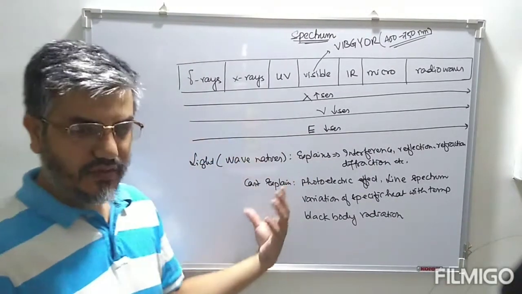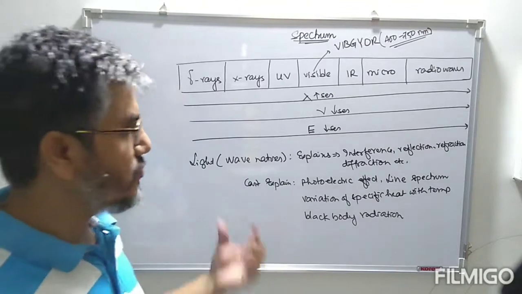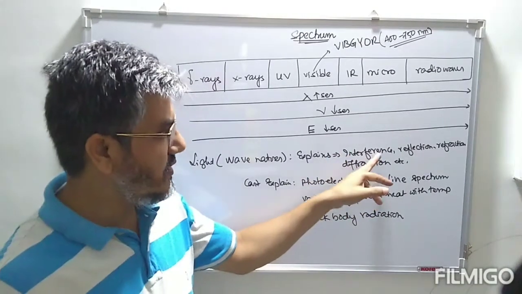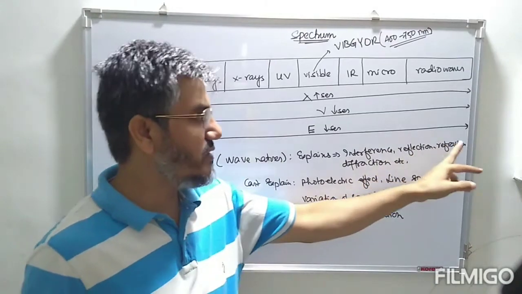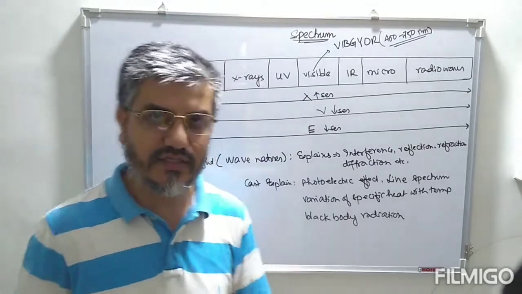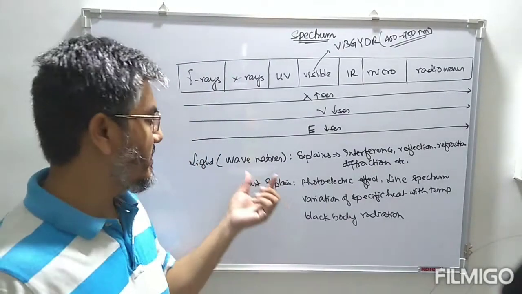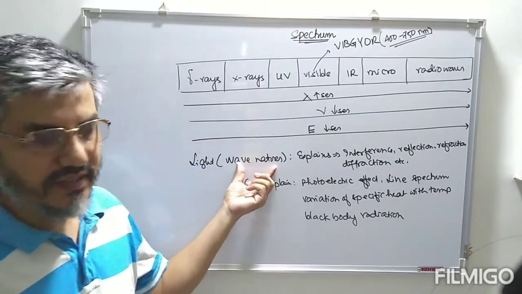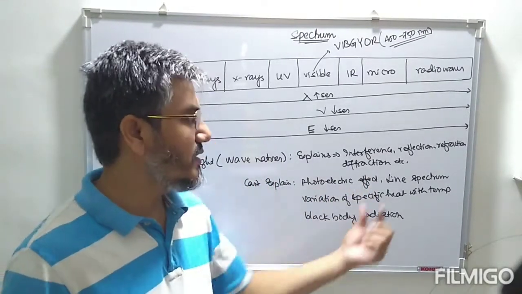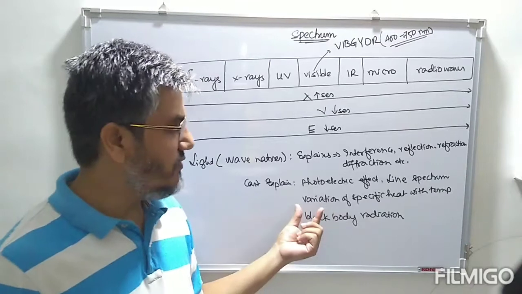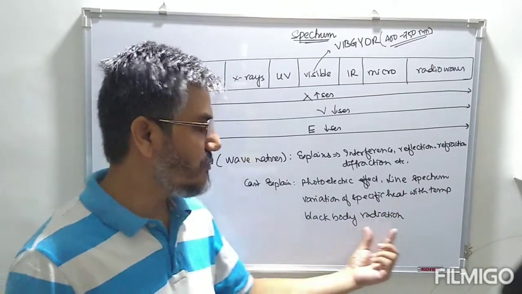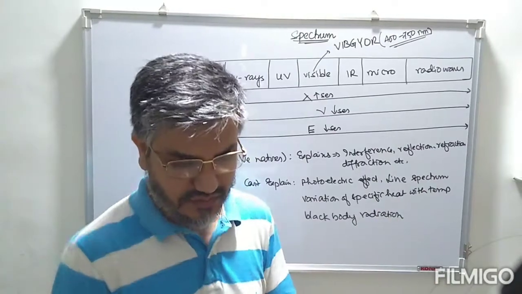So, when we consider light to be an electromagnetic wave, this could explain some of the properties of light. Those properties are interference, reflection, refraction, diffraction. But there are many more properties of light which cannot be explained by considering the wave nature of light. Those properties are photoelectric effect, line spectrum, variation of specific heat with temperature, or black body radiation.